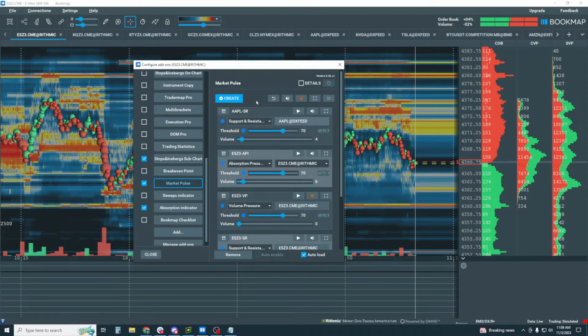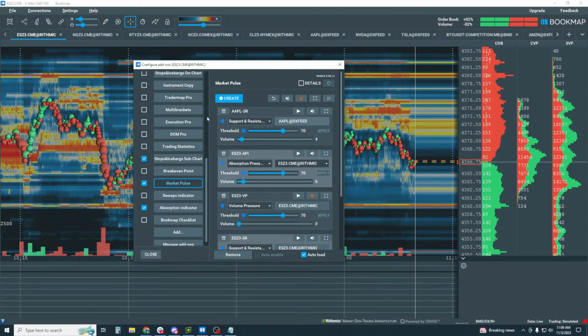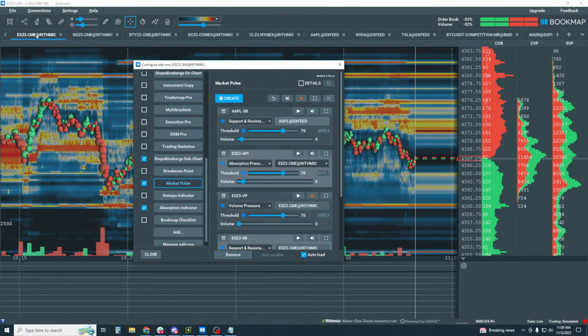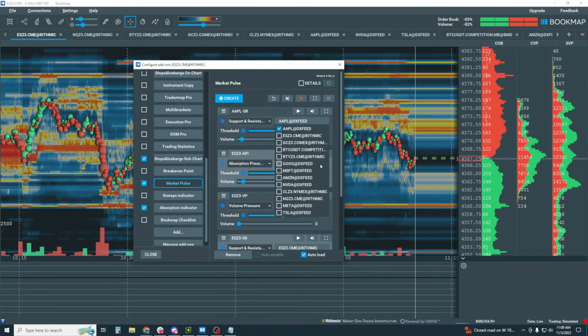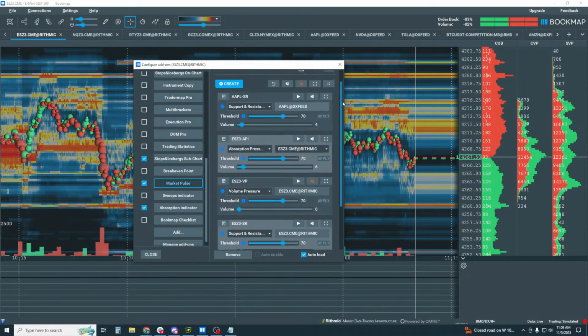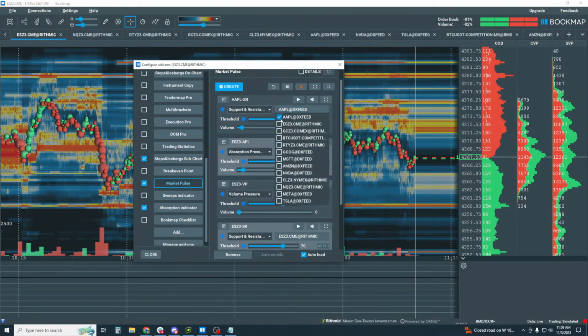Right, so now what you can do is you can make a synthetic instrument out of your Market Pulse, and this is awesome. Let's just take a look here at Apple. We're looking at the S&P E-mini, but we know that Apple makes up, I don't know what percentage of the S&P, but it's huge.